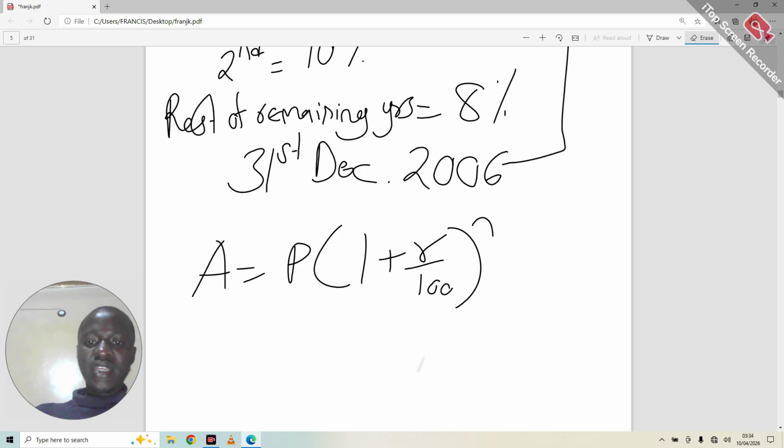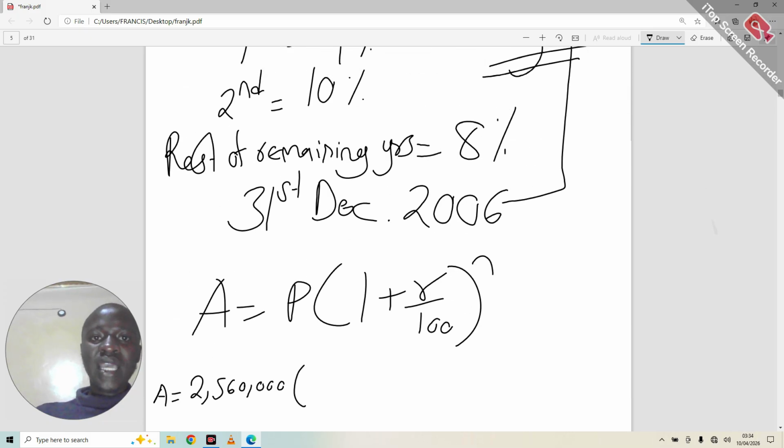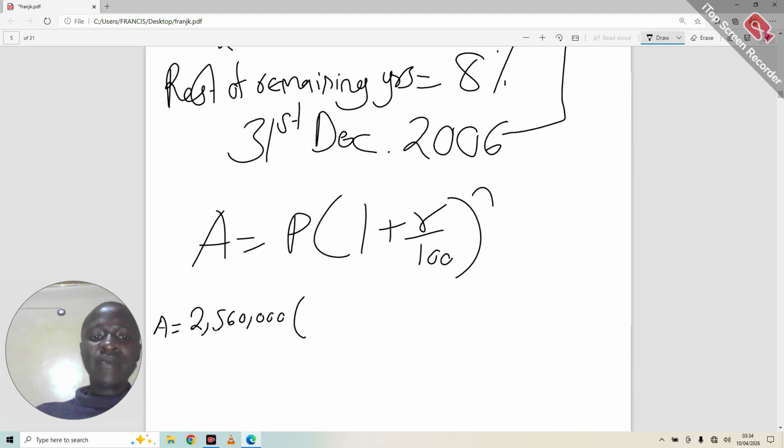Let me start from this point. Amount equals, what was our principal? 2,560,000 into bracket. Now the first year, the land appreciated by 9%. So we have 1 plus 9 all over 100 power what? Power nothing, because that's the first year.